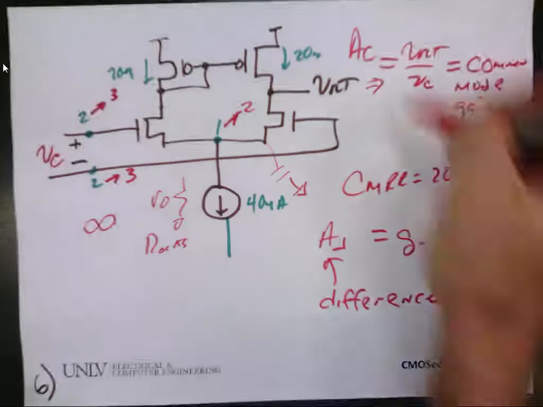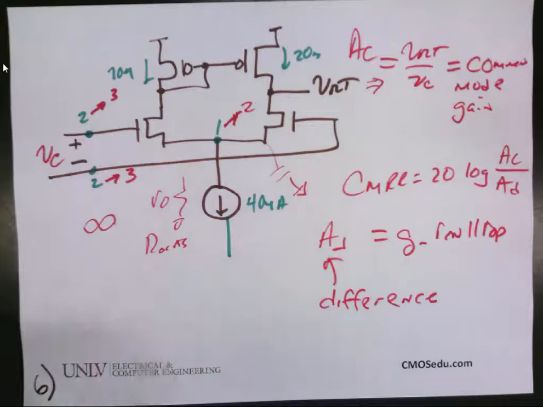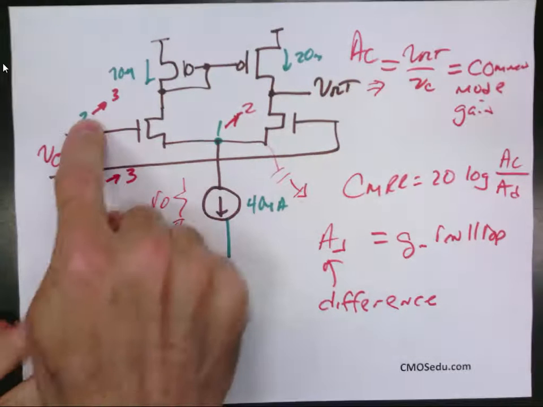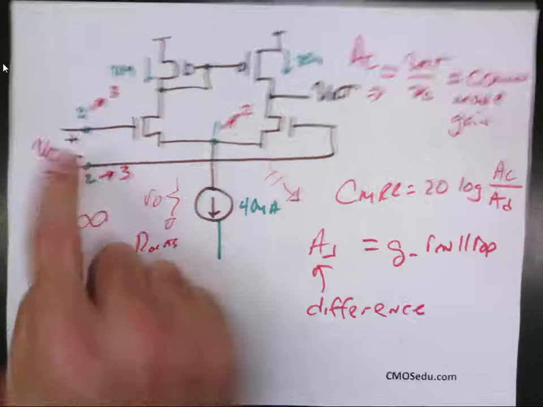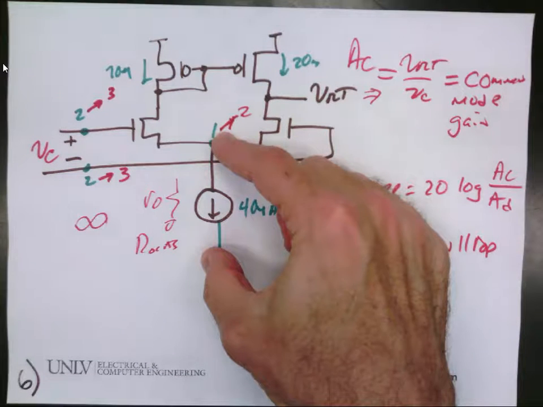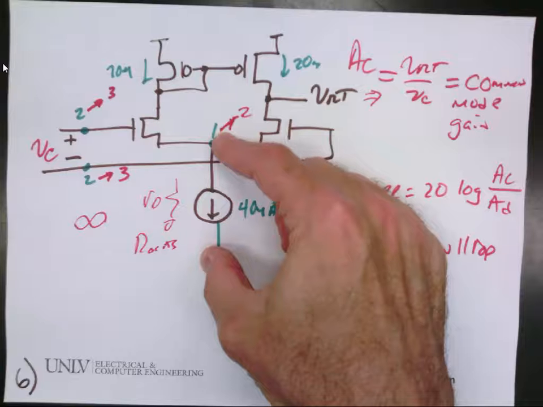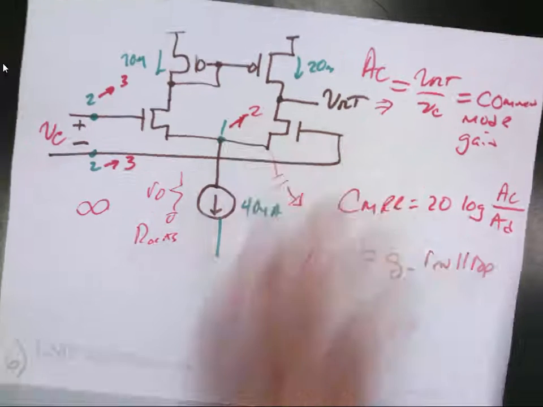So let's calculate AC. But before I do, does everybody qualitatively understand why diff amps are used and why they want to have common mode rejection? Okay. So what I'm going to do is apply a common mode signal to both gates. It's the same signal, and I'm going to call it VC. And then I'm going to replace the current sink with a resistance which models the output resistance of the current source.